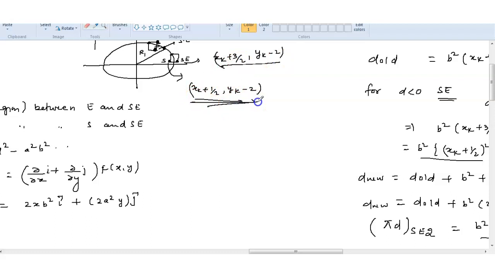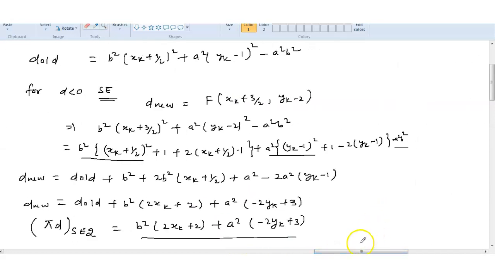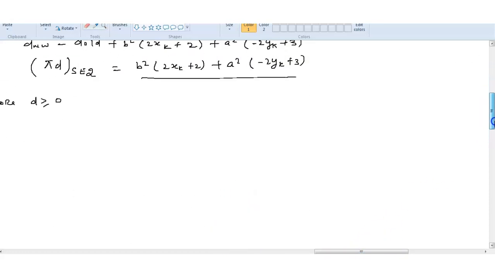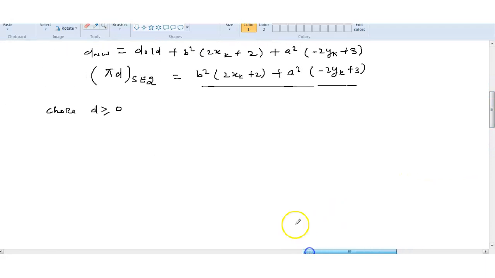This one I have written for the next term, m double dash and m dash. So m double dash will be f of xk plus half, and y will be decremented by 1, so yk minus 2. So again you have to substitute this one.